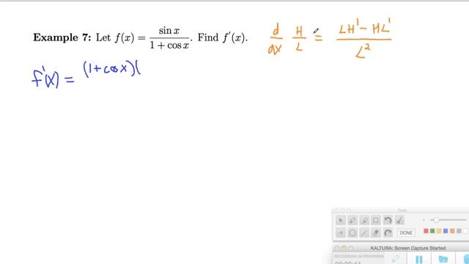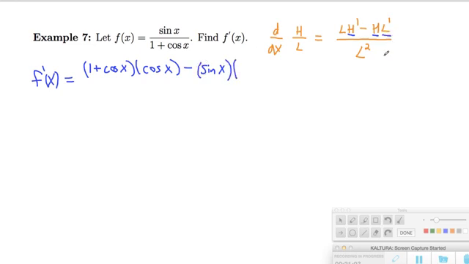And then the next thing we got to do is multiply by the derivative of the high function. Derivative of sine x is cosine x. Formula calls for minus sine after that. High function left alone, so that's just sine of x. So this part right here, just plain old sine of x.